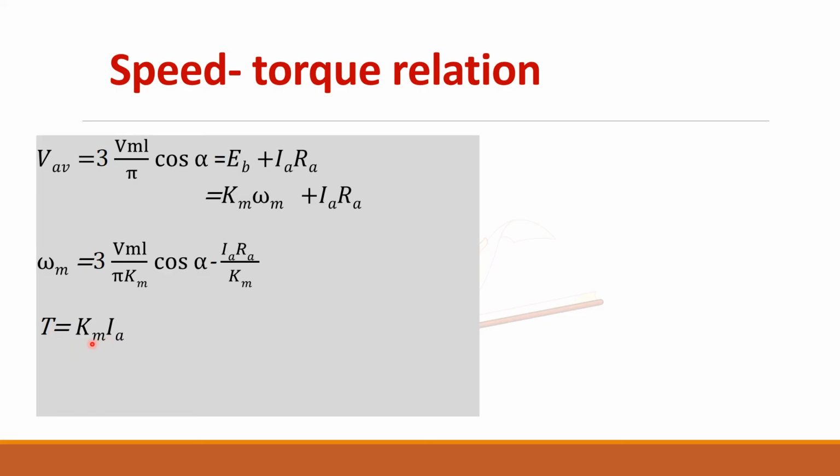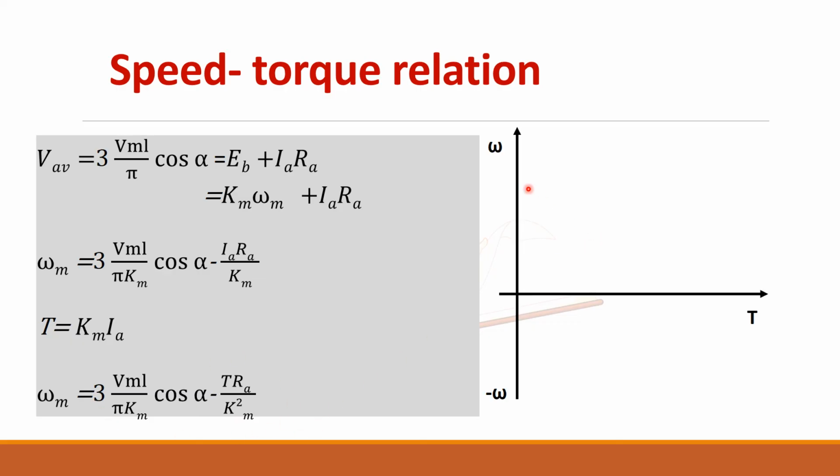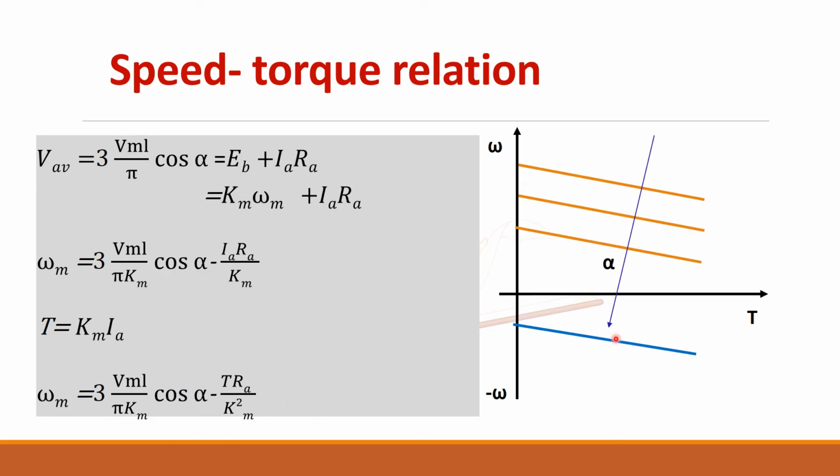Torque is equal to Km into Ia. Here you have Ia, but you want the torque equation. So from this you find Ia is equal to torque by Km. Substitute here, you will get the speed torque relation. From this you can draw this characteristics. So this is for motoring mode and this is for braking mode.